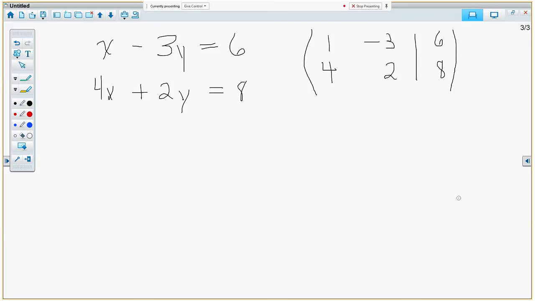It's doable. So I'm going to take row 1, multiply by -4, add it to row 2 to get new row 2.